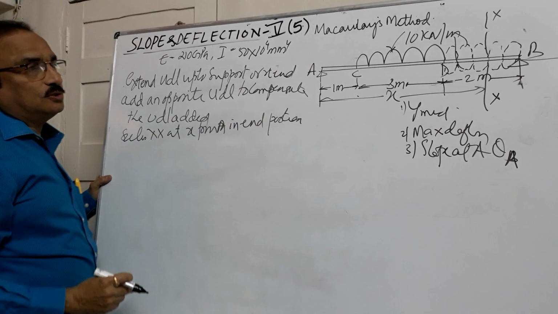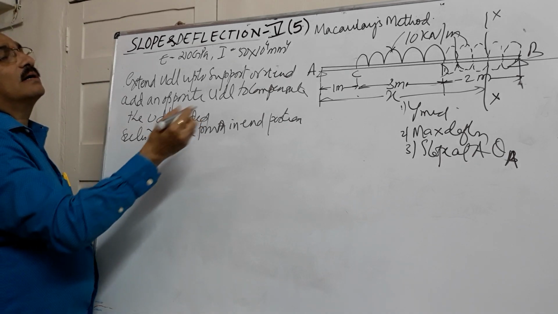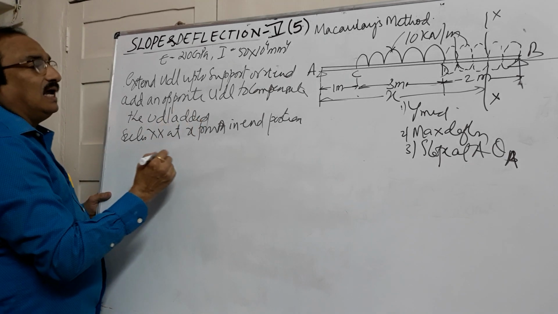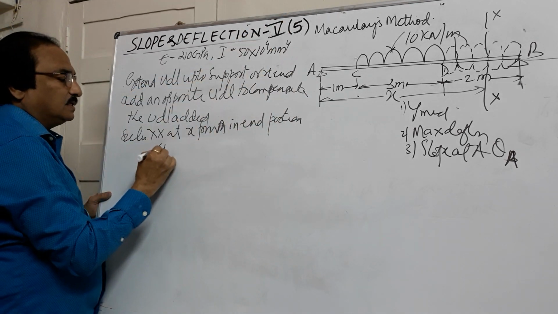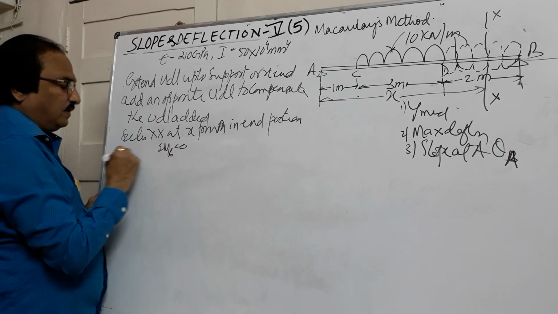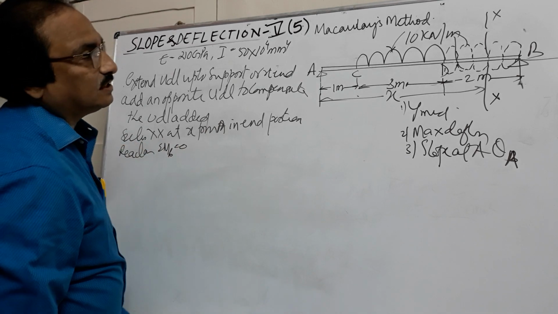Here let us consider the reactions. To find the reactions we need RA. If I take moment about B, sigma MB equals 0, we will find the reactions.